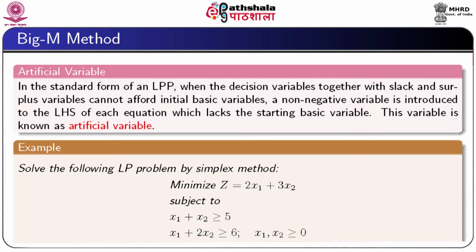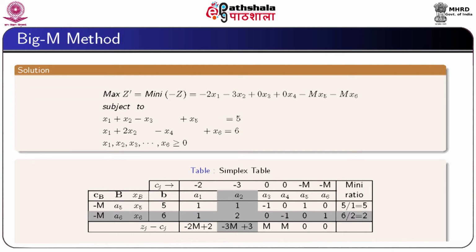Now, we will take an example to explain how we can solve an LPP by the big-M method. We consider a minimization problem as shown in the slide. The constraints are all of greater than or equal to type, so we need to first introduce surplus variables. Even if we introduce two surplus variables x3 and x4, we are unable to get an initial BFS.